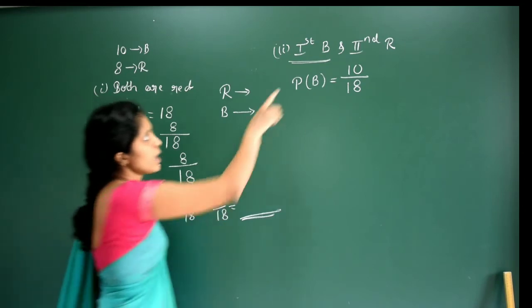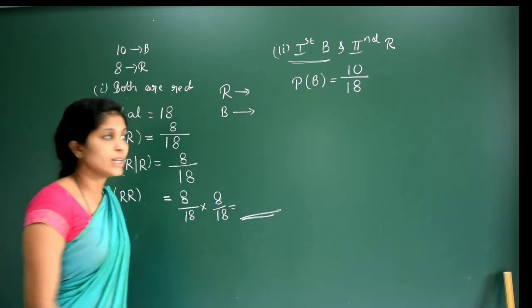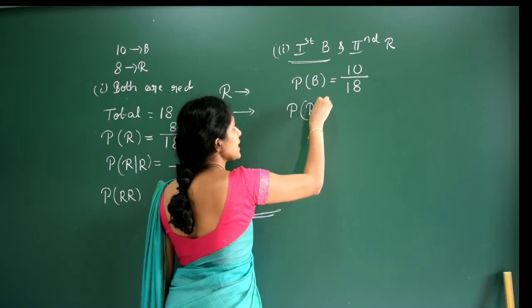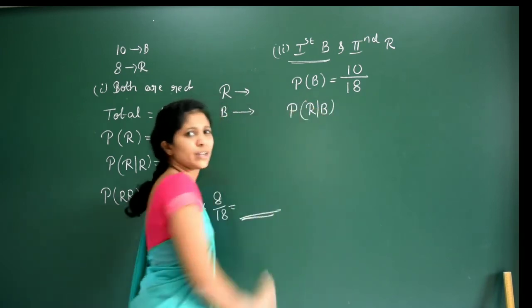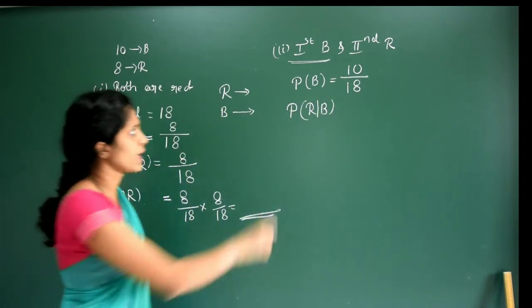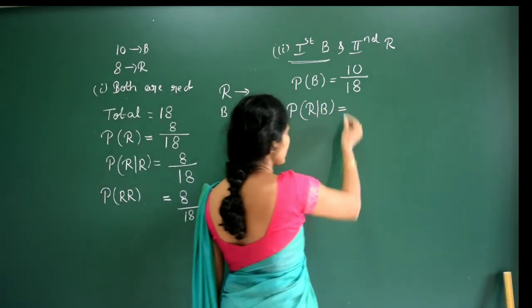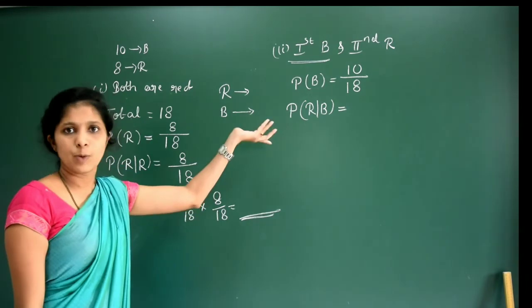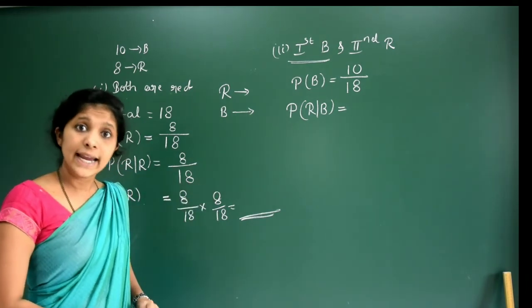Now one is done. The probability of the second ball being red: since replacement is there, how many balls are there now? Again it is 18.